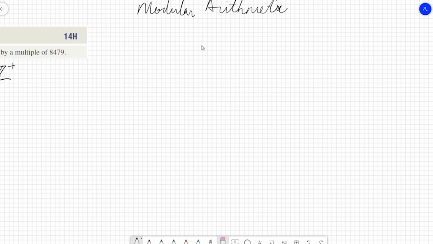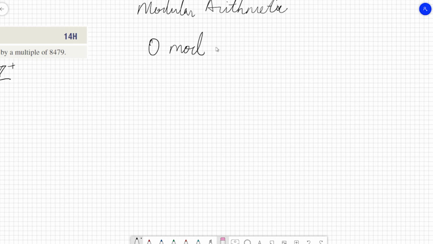So it goes from 0 to 11, and then it cycles back to 0. The same property applies for remainders. Let's say modulus 3: we're looking for the remainder when divided by 3.